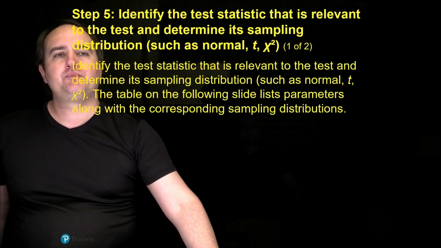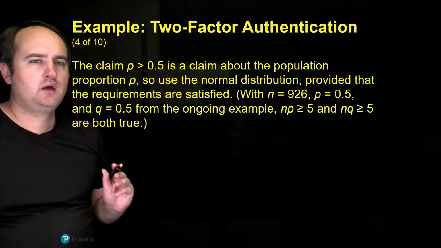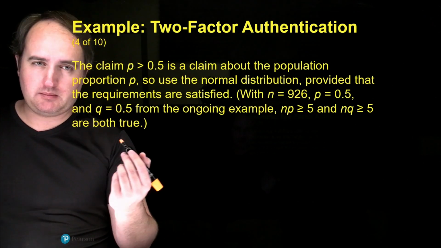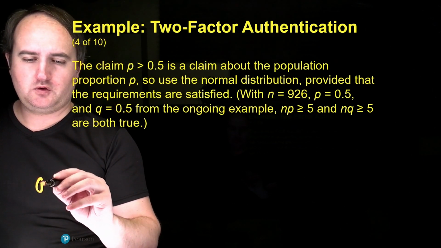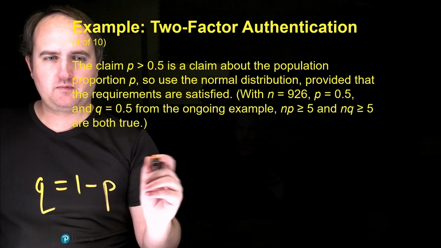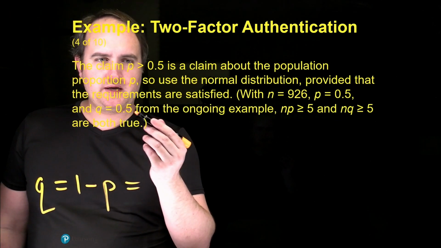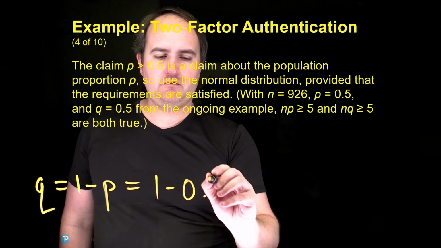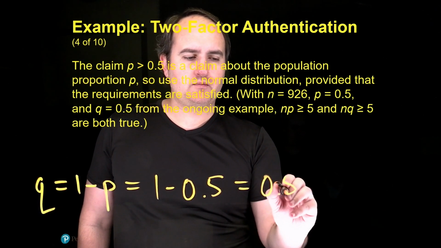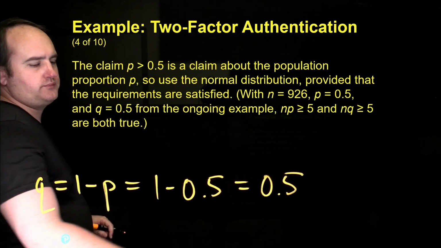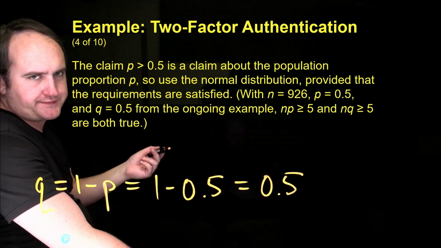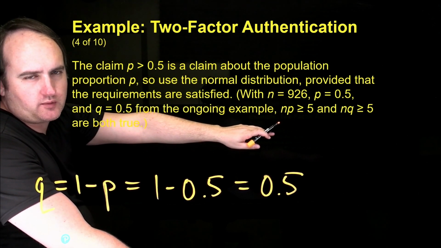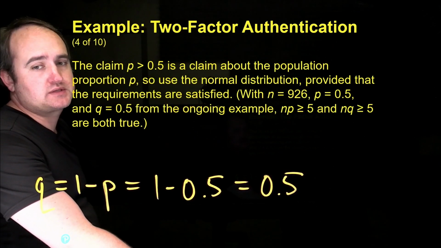And then with that information, we also know that Q equals 0.5 because, if you probably remember this, Q equals 1 minus P. So here, because P is 0.5, Q is 1 minus 0.5, which equals 0.5. Okay, but the requirements are going to be satisfied, so we don't have to worry about it. I just left it in there in case you're curious about the requirements and you have to do this with statistics in the real world.